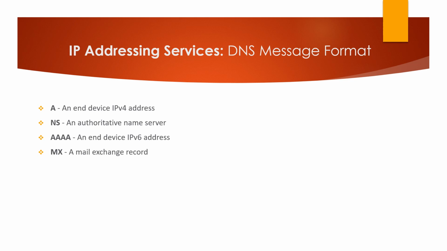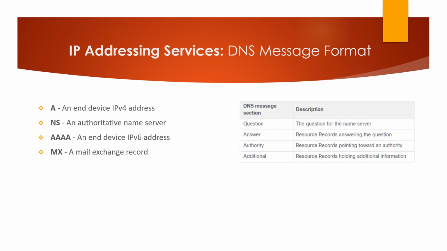The DNS client service on a Windows PC also stores previously resolved names in memory. Here in this table are shown the DNS message sections. DNS uses the same message format between servers, consisting of a question, answer, authority, and additional information, for all types of client queries and server responses, error messages, and transfer of resource record information.